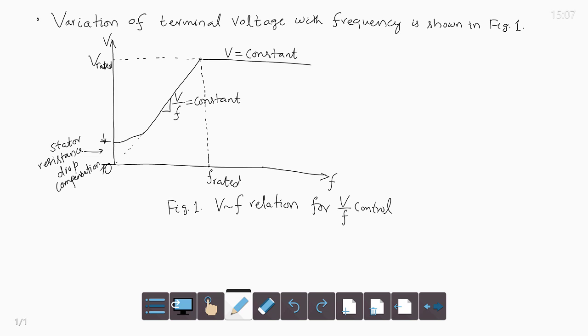Above the rated frequency, voltage is constant at the rated voltage, and below the rated frequency, the V by F ratio is constant, that is V rated by F rated, except at very low frequencies where the V by F ratio is increased to keep the same maximum torque and flux per pole at the rated value.